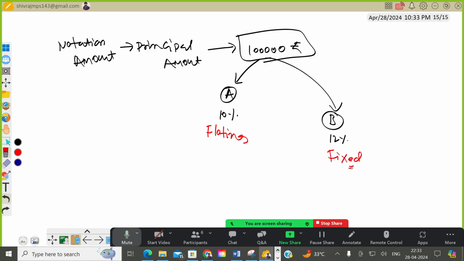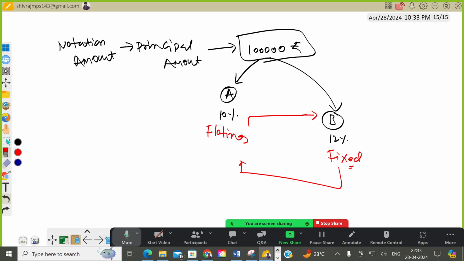See, both counterparts will have their own prediction research. They'll perform it accordingly. It is part of their due diligence. And after that, let's say B is interested in floating interest and A is interested in fixed interest.